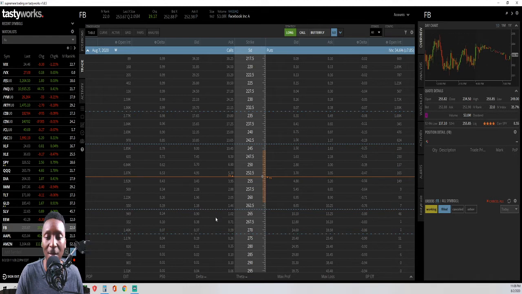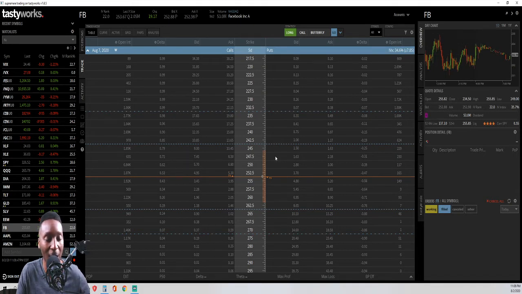This is out of the money. So this dotted blue line is one standard deviation, which is about 68%, which means that most of the pricing or most of the movement of these options occur within these two dotted lines, which would be 68% of the time, which is one standard deviation.